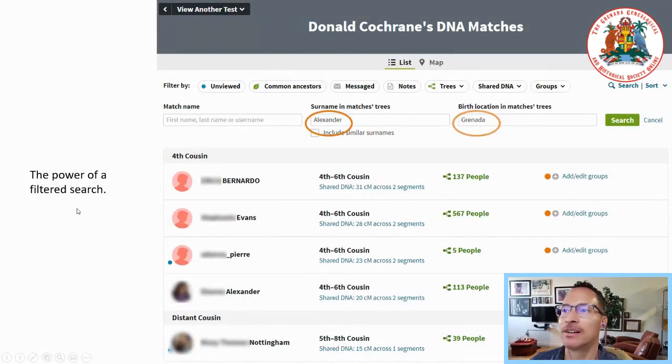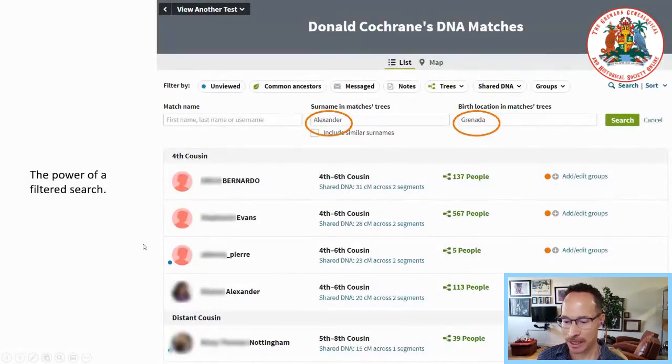The other very valuable tool in Ancestry is the ability to search by different things. In this search, I search for people with the surname Alexander in their trees. I search my matches, so people who genetically match me and my father. Among those people, who has the surname Alexander in the tree, and who has people who were born in Grenada on their tree.